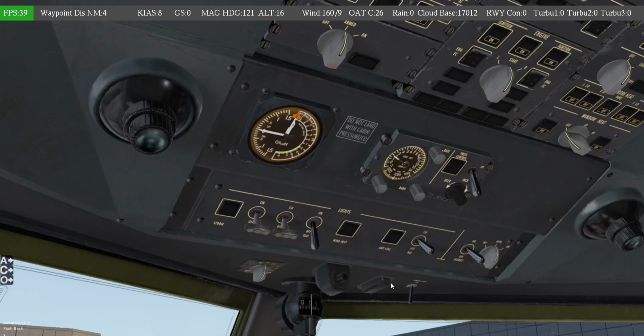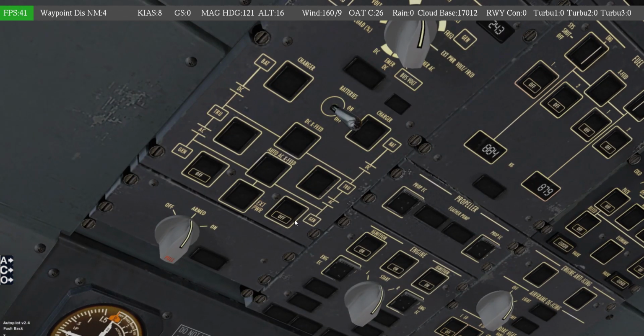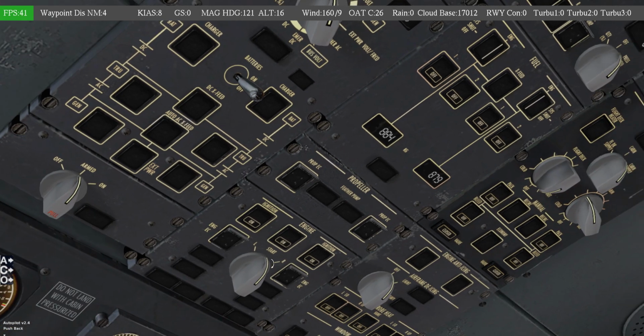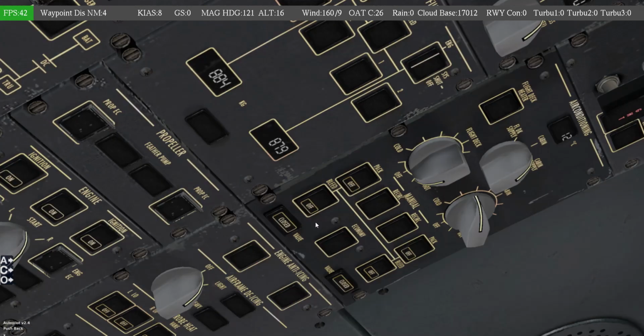Okay, engines up and running. Tech light can be switched on. Inspection lights as required. Generator there. Batteries on. Quite unrealistic here because they should be on already.